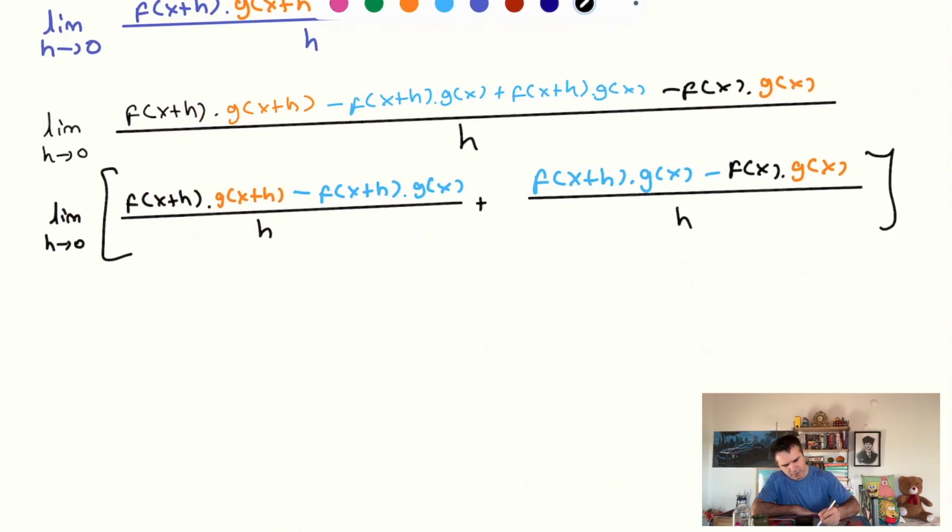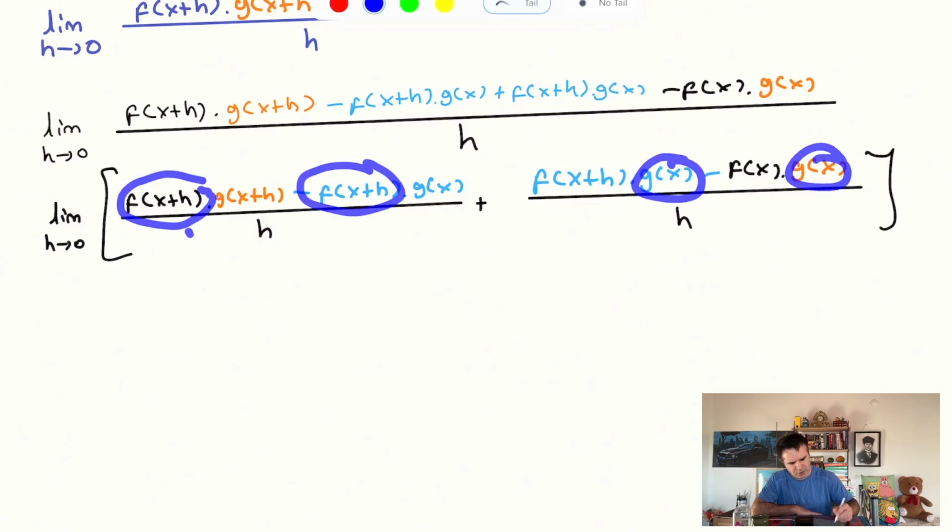We have here f of x plus h and f of x plus h here, and we have g of x.